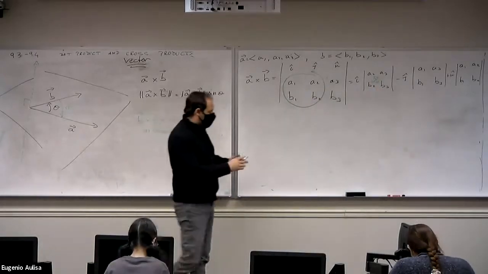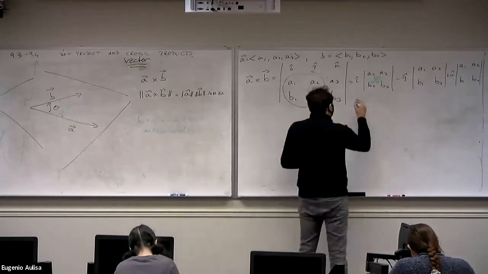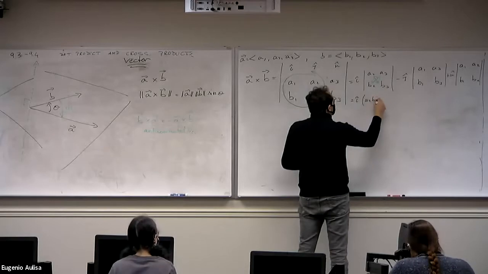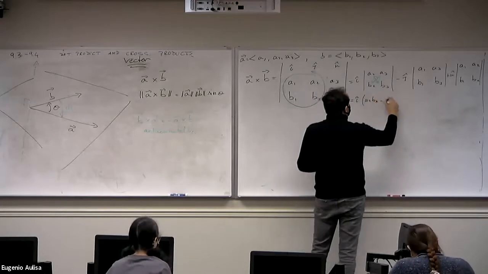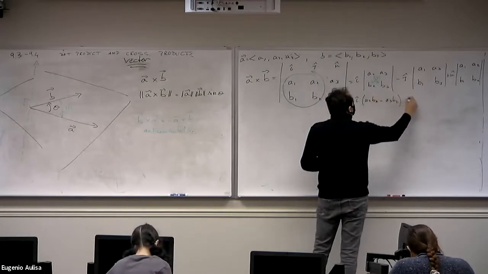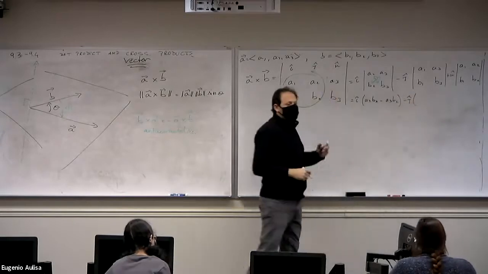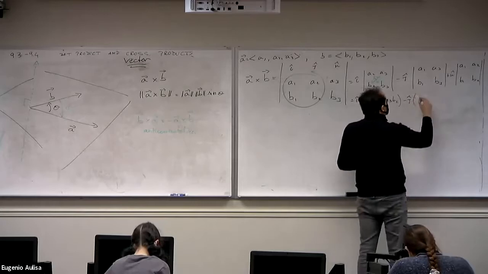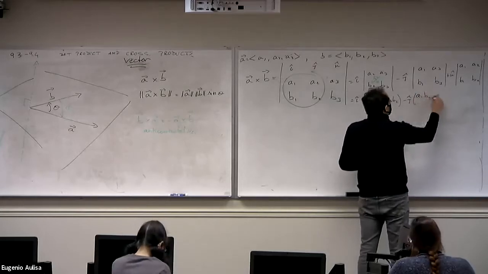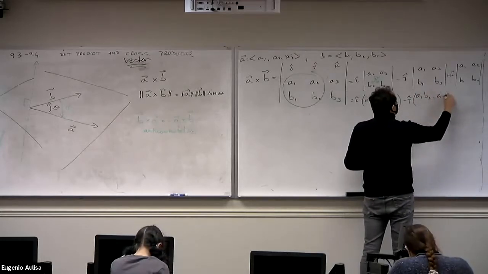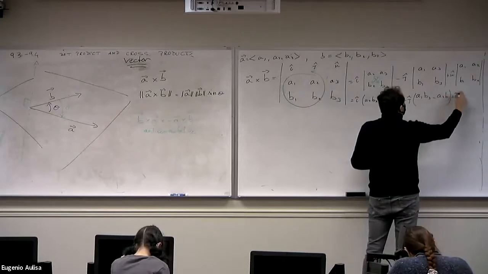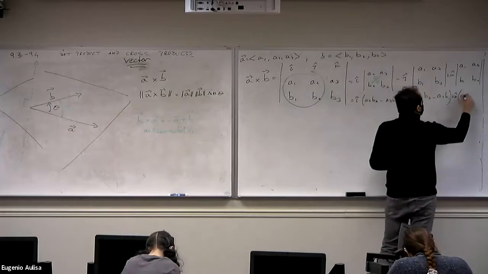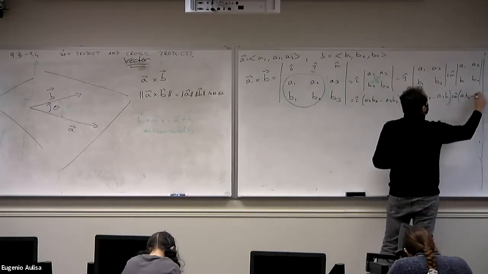So it's going to be i, which multiplies A2 B3 minus A3 B2, minus j, which multiplies A1 B3 minus A3 B1, plus k, which multiplies A1 B2 minus A2 B1.